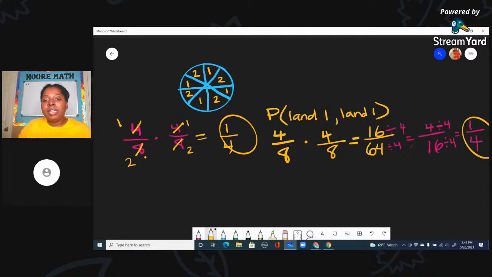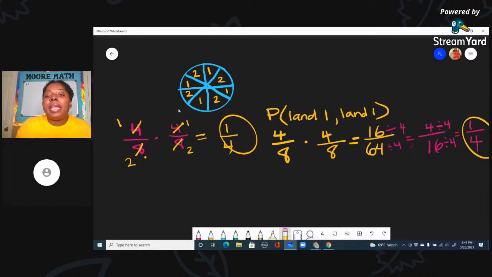Do you feel better cross canceling, or would you prefer to just multiply straight across? I feel better cross canceling. Oh, okay. Then that works. I just wanted to make sure, when you kept saying cross multiplying, I was like, I think she means cross canceling. Okay. So let's do cross canceling then, because that'll make your life a lot easier.